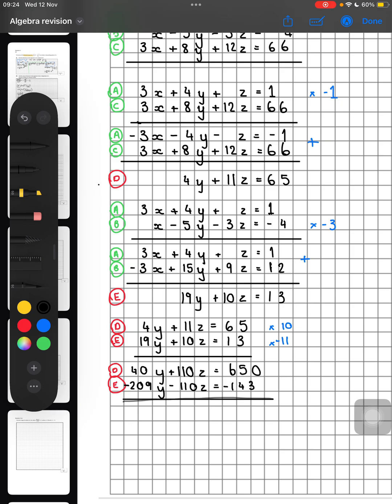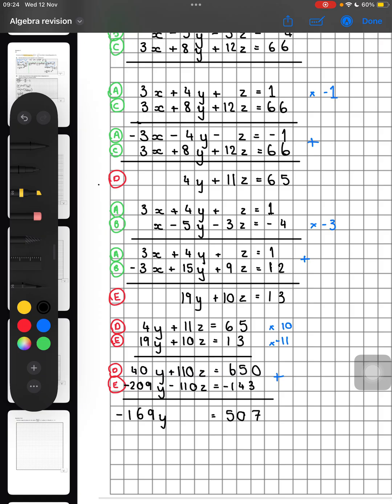Okay, so let's add both lines together so that we get 40 minus 209. So we're going to get minus 169y. The z's will cancel, they'll go to 0, is equal to, and then 650 minus 143 is 507.